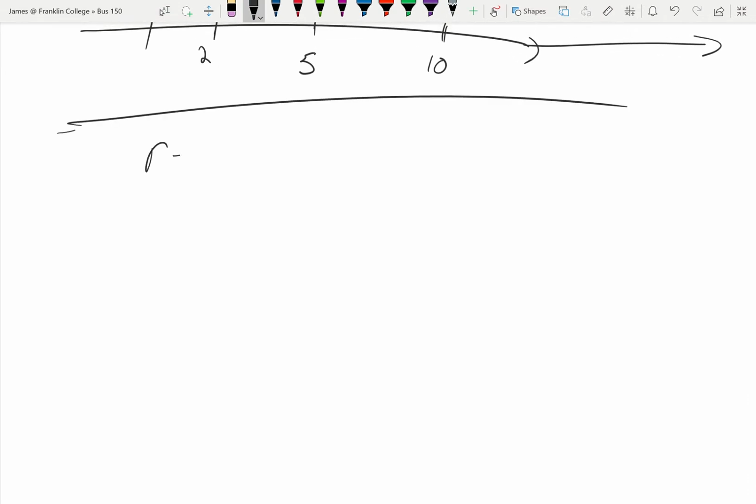So let's say we have a rate of 10%, time of 9 months, or we say that's 9 over 12, well, that would be 0.75 for us.